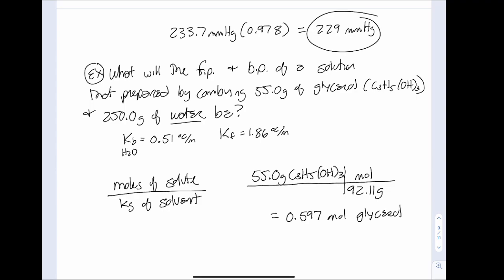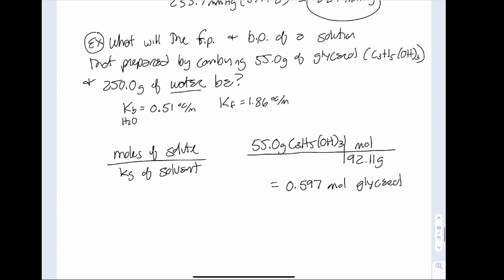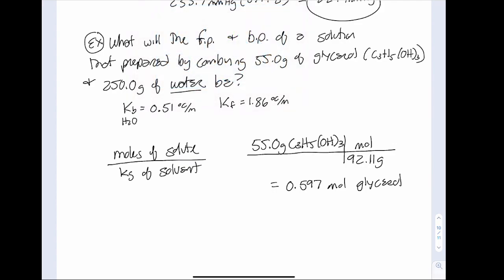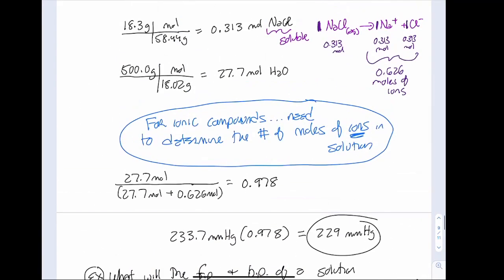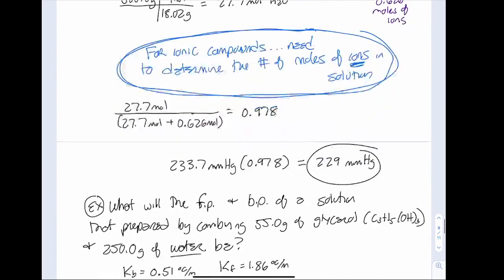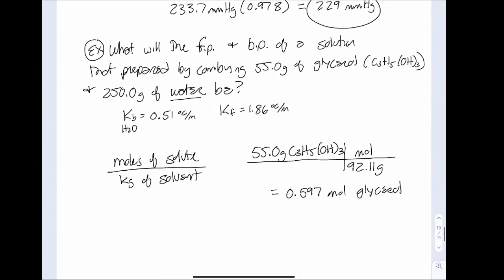I'm just going to write glycerol. That would be the C3H5OH3. Do note, this is covalent, so I don't have to worry about it, but the same thing that we did with vapor pressure, right? For ionic compounds, we need to determine the number of moles of ions in solution. So you would look to see how many ions it dissociates into, and then multiply your molality of your compound by that number.